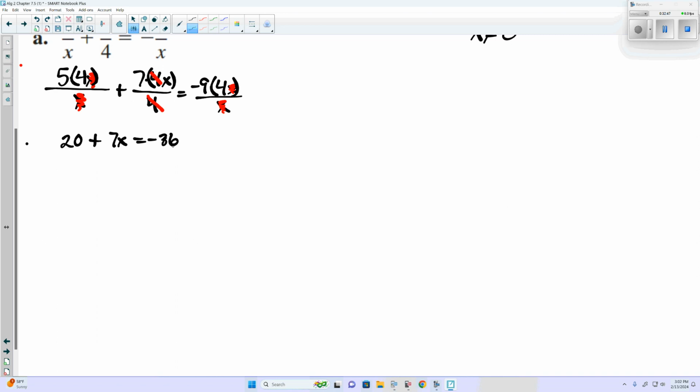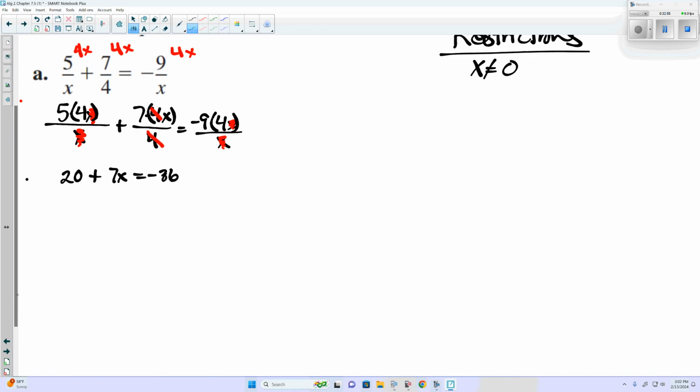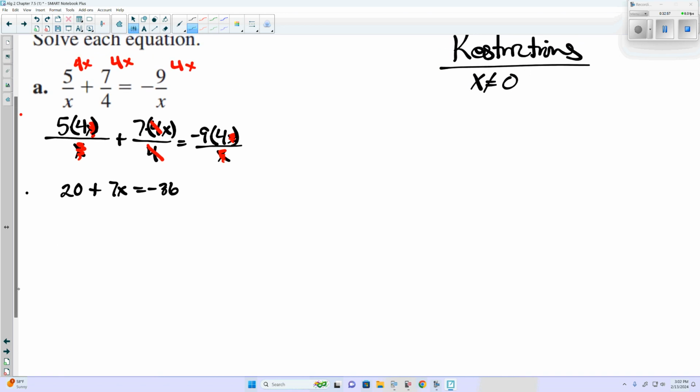Then we would divide it by 4, giving us back 7x. Because we could have just multiplied, especially at the start, and said here, the x and x cancel, here the 4 and 4, here the x and x, and gotten to the same spot.